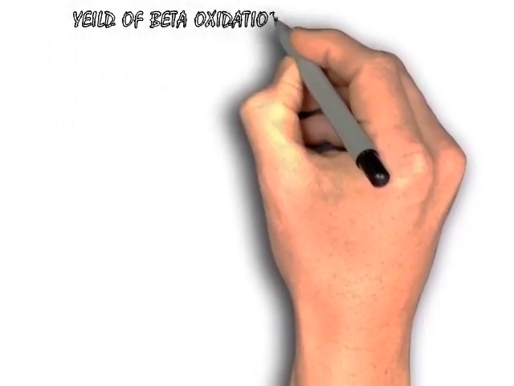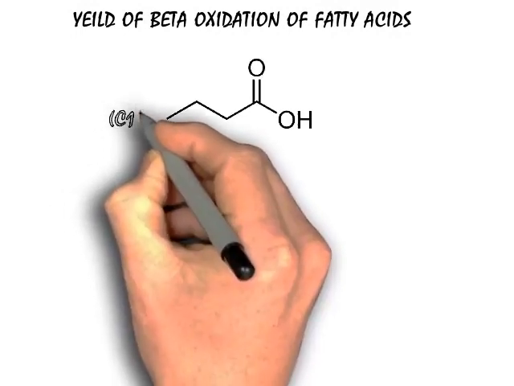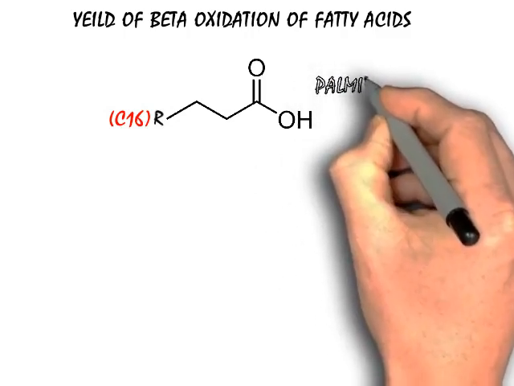Now let's talk about the yield of the beta oxidation of fatty acids. Now in this, suppose we have a palmitoyl-CoA that is 16 carbon long.